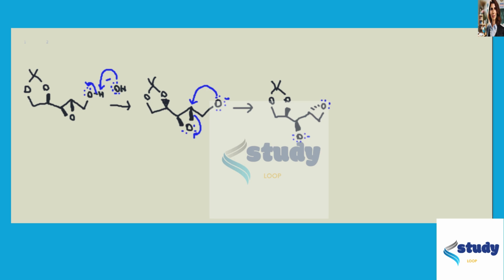The Sharpless epoxidation sets the stereocenters of the epoxide, which forces the oxygen nucleophile to do a backside attack. And so our newly formed epoxide has determined stereochemistry as well.